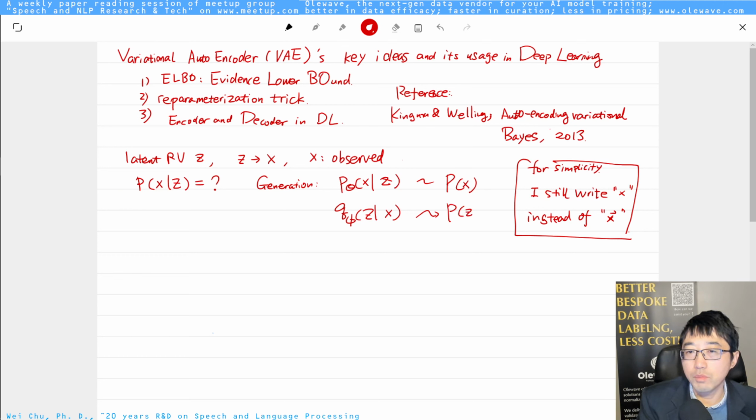And you want this to be as close to the distribution of P of Z as possible. That makes sense? This is the estimation.